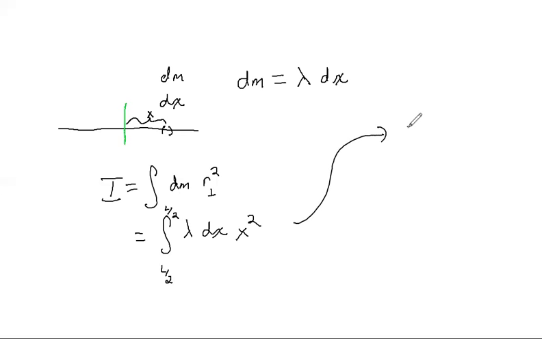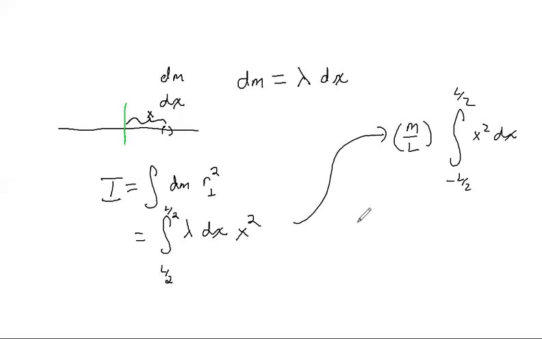Lambda is a constant, so I pull it out. It's M over L. And then I have the integral of x squared dx from minus L over 2 to L over 2. That is my formula for the moment of inertia.